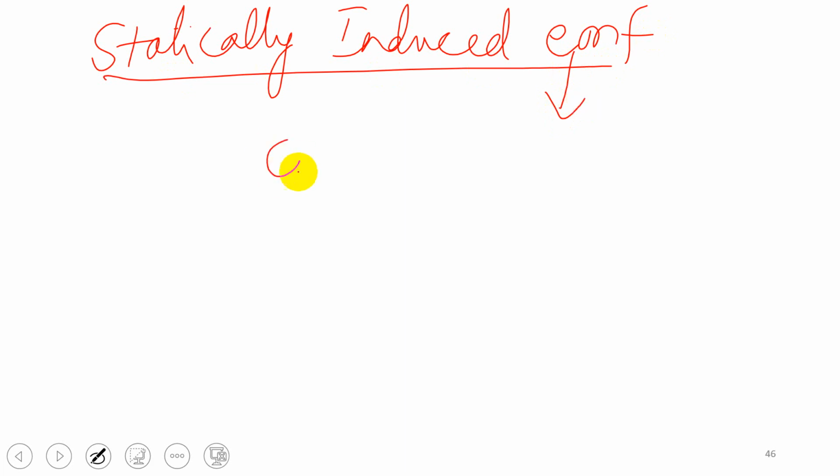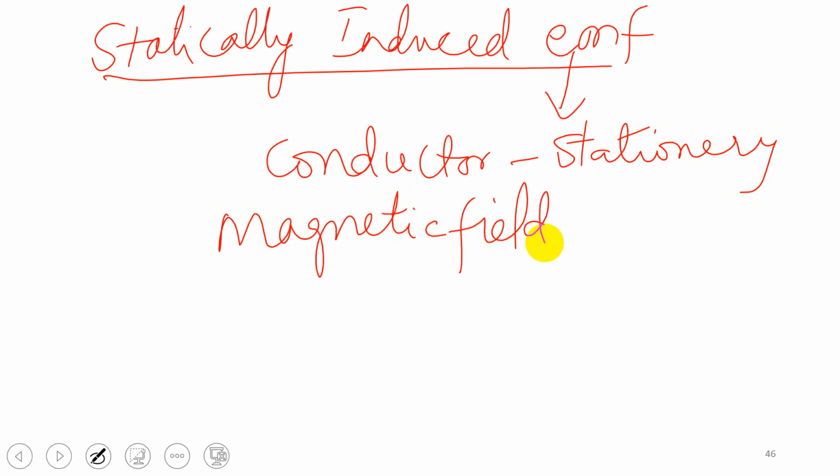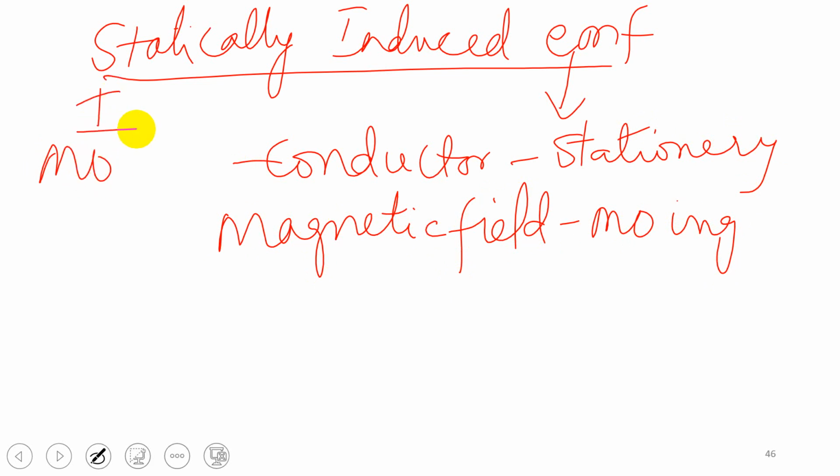That is, the conductor is stationary and the magnetic field is moving. This is the first condition, and the second condition is, if the conductor is moving, then the magnetic field should be stationary.